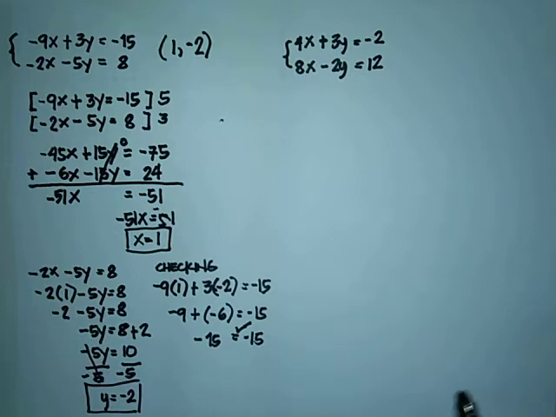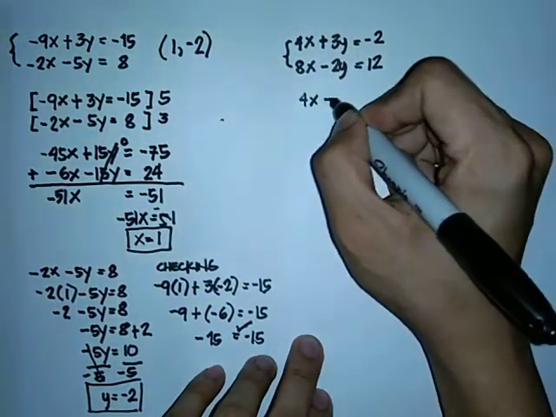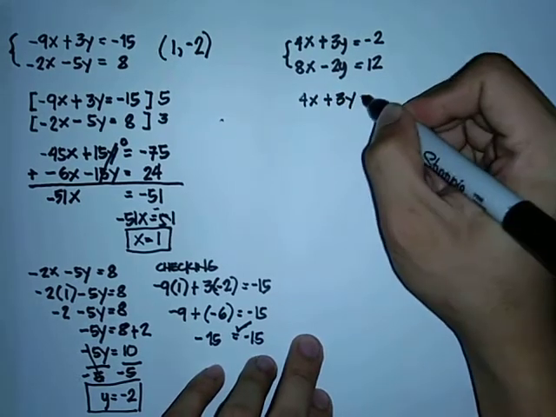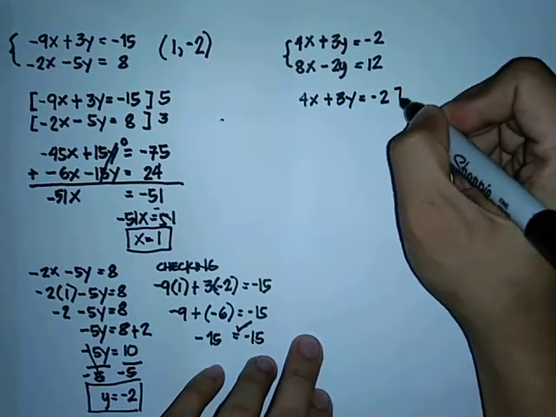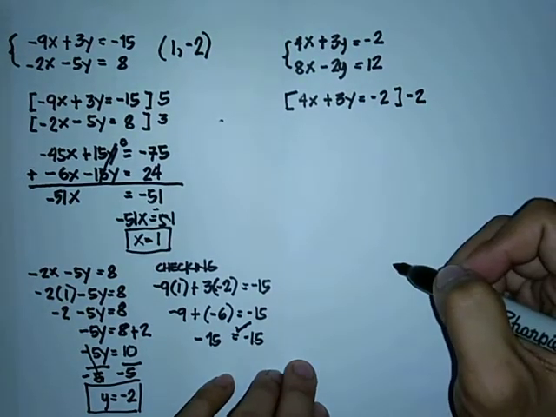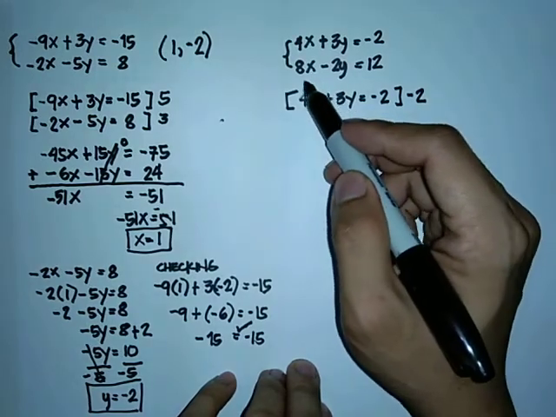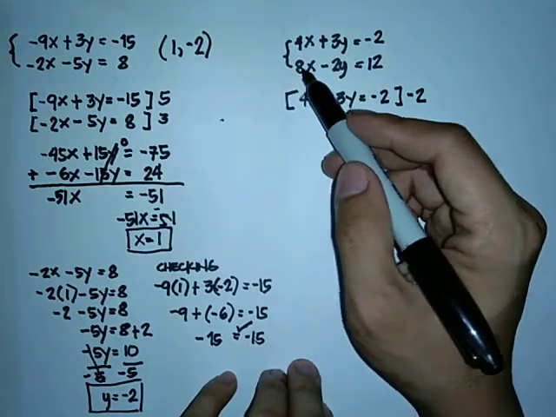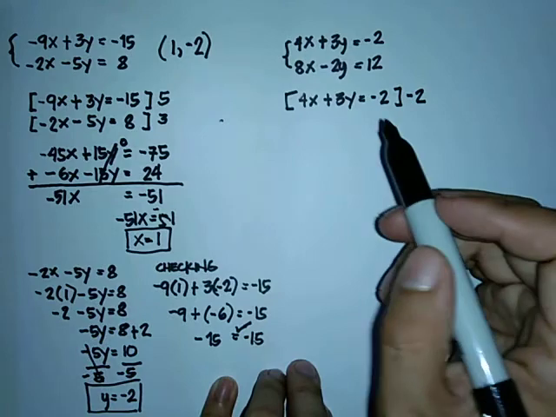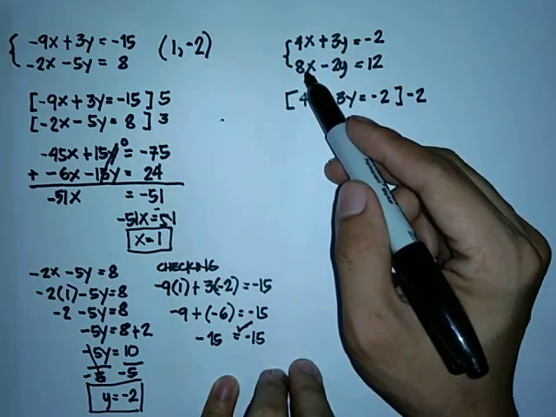So, ang i-multiply ko sa ating 4x plus 3y is equal to negative 2 ay negative 2. So that dito sa x values natin, makakakuha tayo ng negative 8, which is contrasting doon sa ating second equation na 8x.